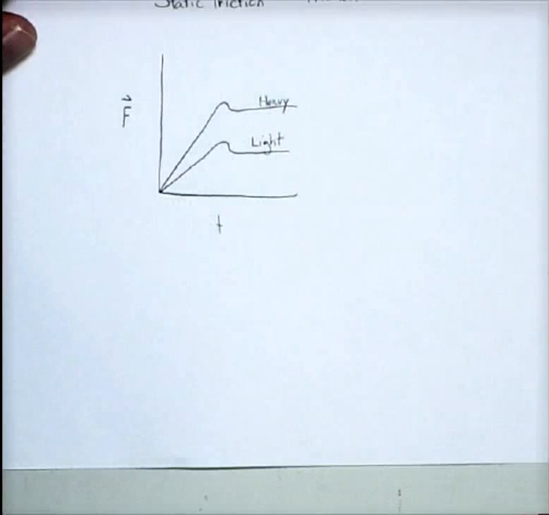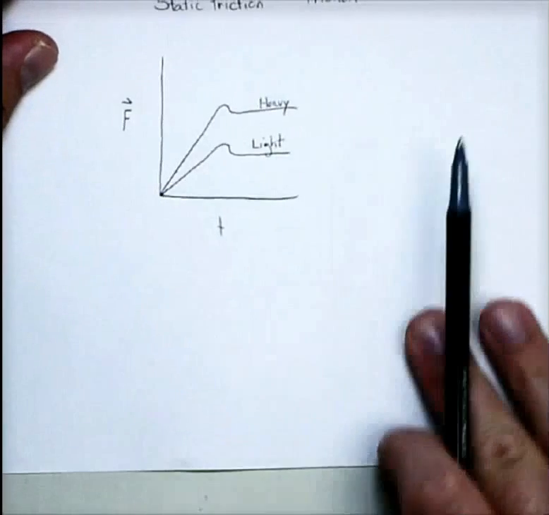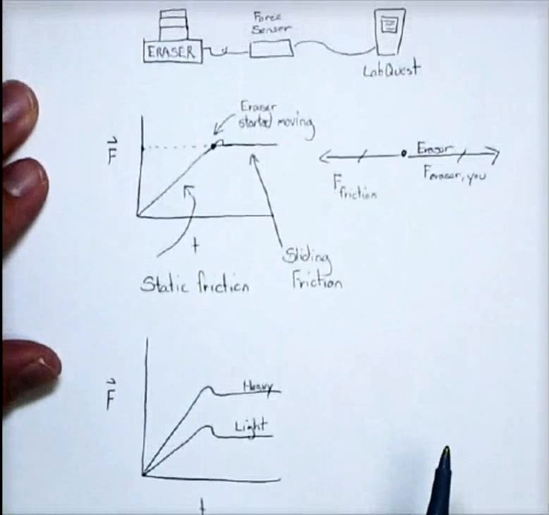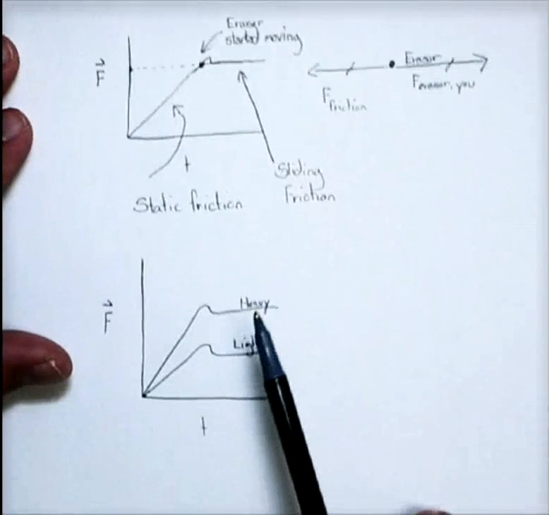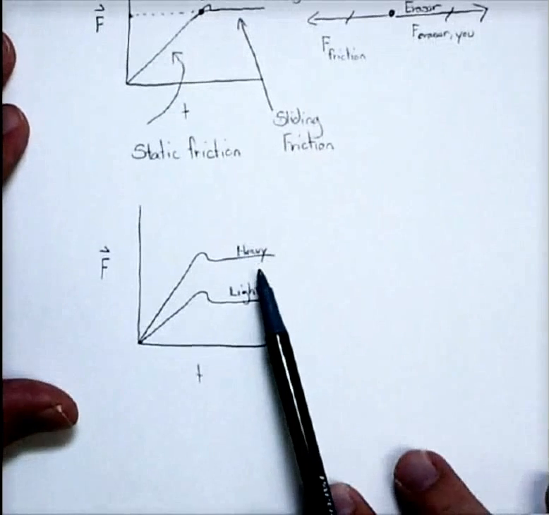So what this tells us is that something about adding more mass to that system, so having more mass on it, means that the force of friction is greater.